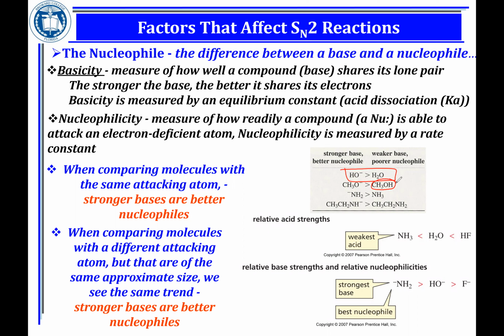But if you remove H from alcohol and change it to alkoxide, now it becomes very aggressive and has a negative charge, so it is a strong nucleophile. You have a weak base, NH3; you remove hydrogen, and you make a very strong base out of that, so it's going to be a strong nucleophile. So a strong base in general is a strong nucleophile.